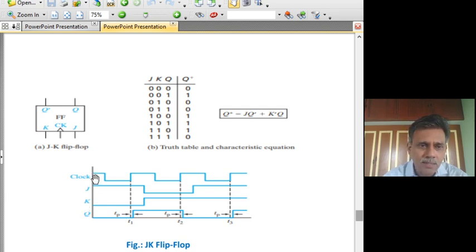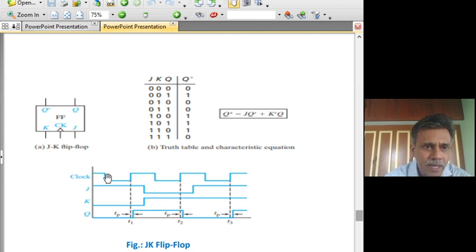So clock is simply usually a square waveform, and if the width of the positive pulse and the negative pulse are the same, that is one way we will typically depict it, but it need not be the same. What we are more interested in is a pulse that has to come, and then it retains a value till one more pulse comes. Here the width of the pulse occupies 50% of the period of the clock.